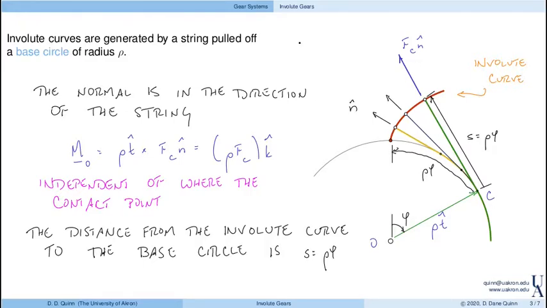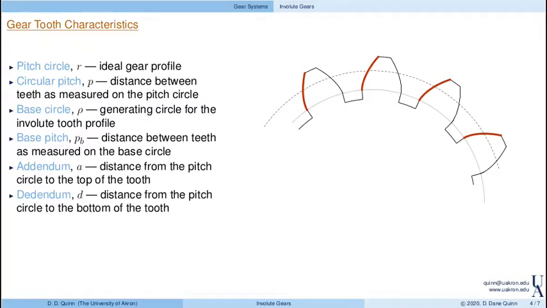So we're going to make our gear tooth profiles to be involute curves. Let's look at a couple of gear tooth characteristics. Here I've shown part of a gear, maybe 4 teeth. And let's say the center of the gear is here. We can identify a number of important measurements. One is the pitch circle.